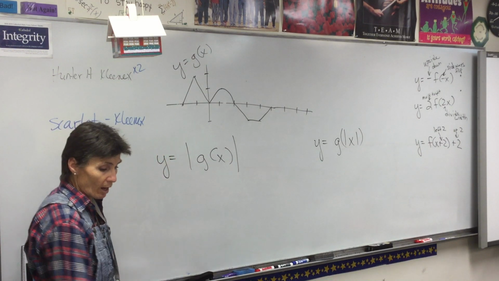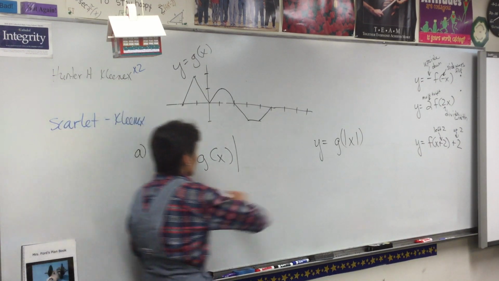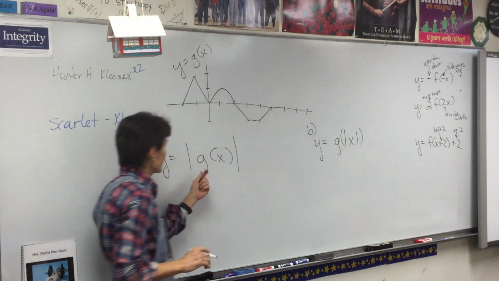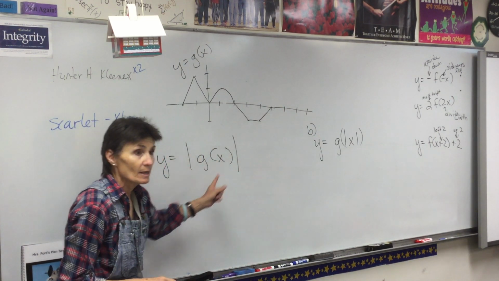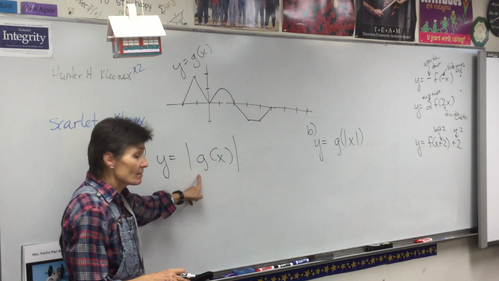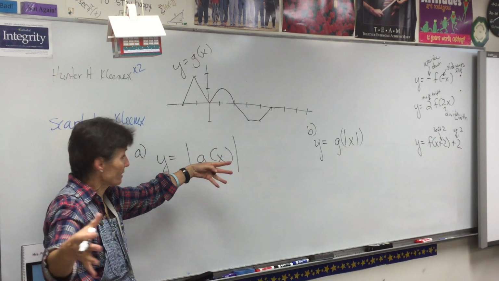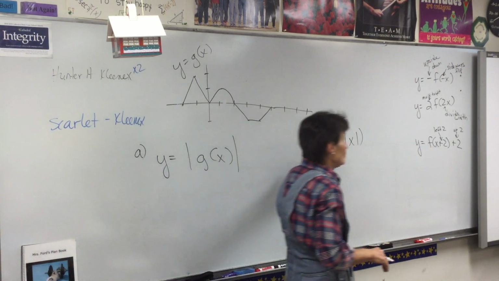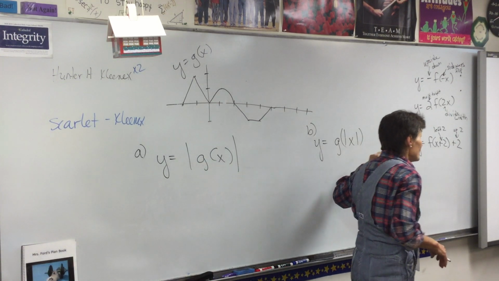Now, both of the problems, this is A and B, both of the problems involve absolute value. Do you see that? But what's the difference? Here, the absolute value is the whole thing, and here, the absolute value is only around the X.